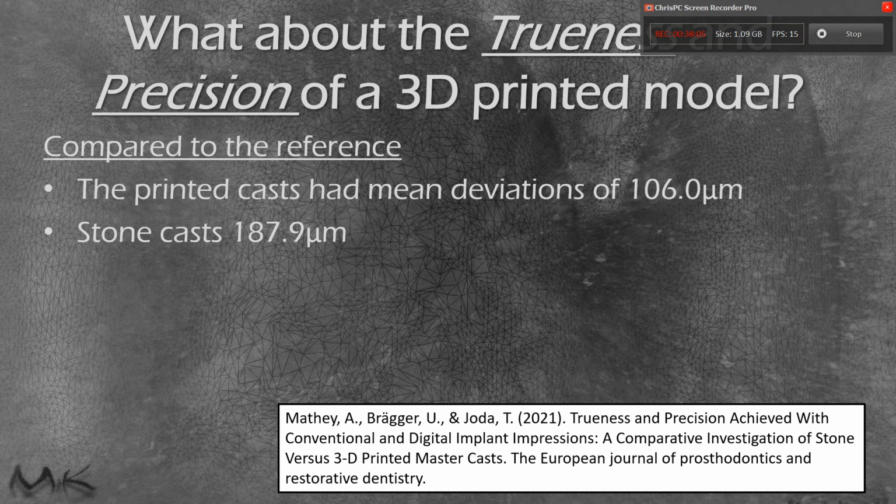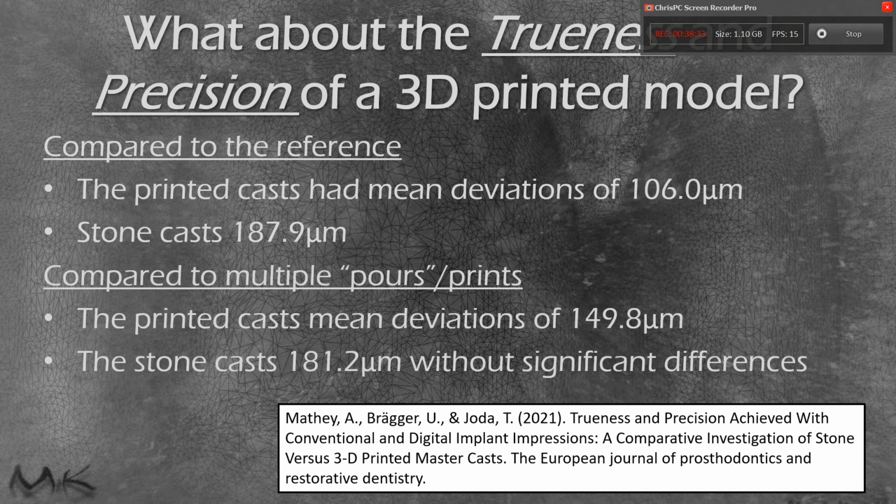What we found is the printed cast had a mean deviation of about 106 microns, where the stone casts had a mean deviation of about 187 microns from the reference model. So if we use a very accurate scanner, 3D printing can actually have a little better trueness than taking an alginate impression and then pouring a stone model.